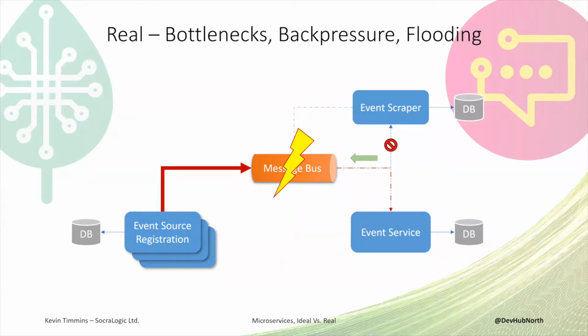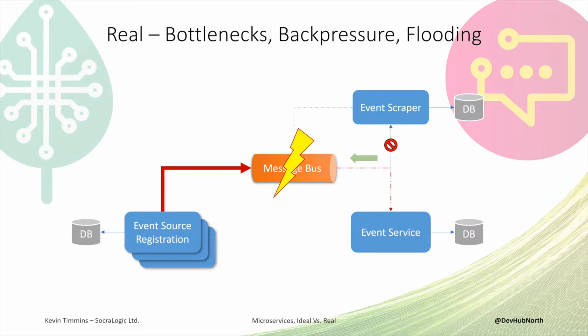Which means that when things can't consume from it fast enough, then it starts to use up its RAM. It starts to use up the disk, especially if you've got the config set such that it's writing all the messages to disk so that you don't lose the messages and you can recover from an outage.